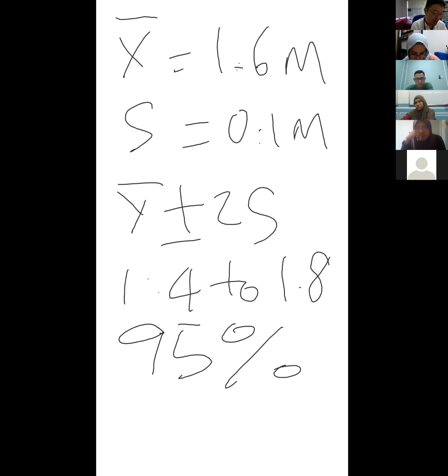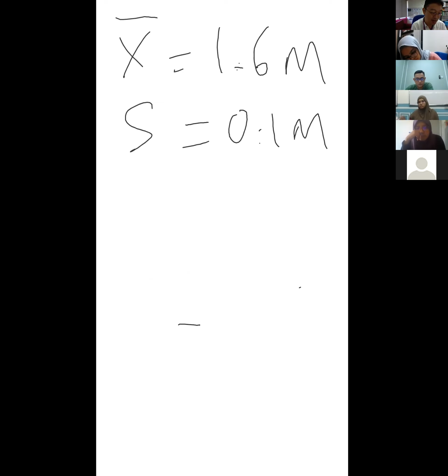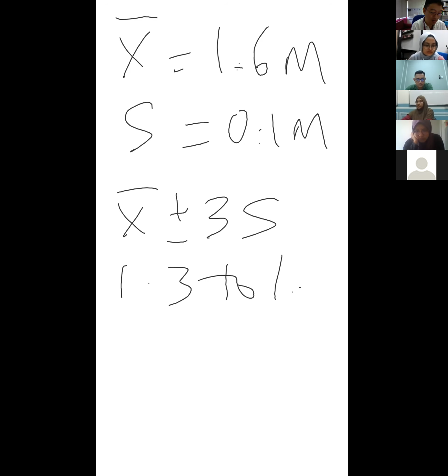So if we have 3 standard deviations, we have X bar plus minus 3 standard deviations, it will be 1.3 to 1.9. So this will cover how many percent according to the empirical rule? 99%.